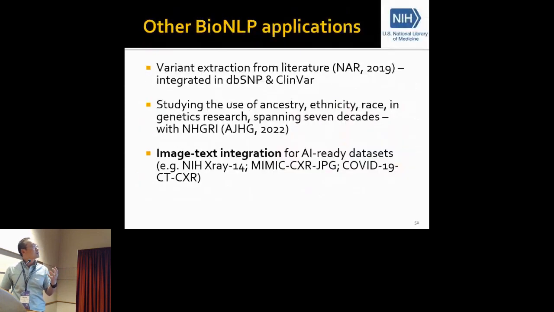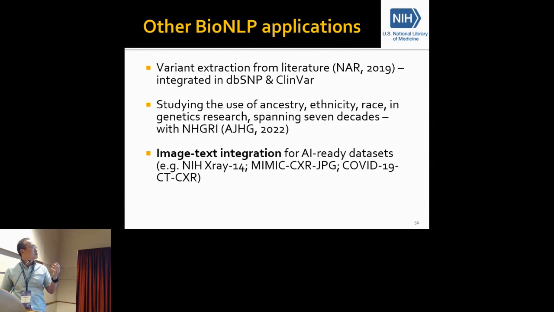There are many other NLP applications coming from our group that I'm not sharing. We don't have time to share them today, but there are 3 worth mentioning in a few words. We use text mining for extracting variants and finding relationships with diseases and drugs, and we have fully integrated our system called LitVar into dbSNP and ClinVar, and are now also working with the ClinGen group.